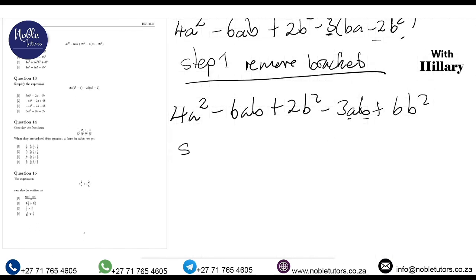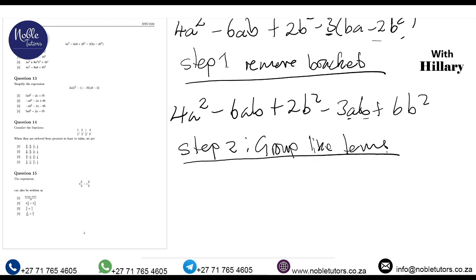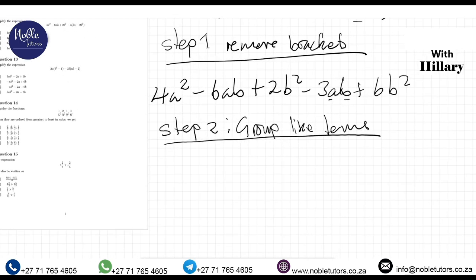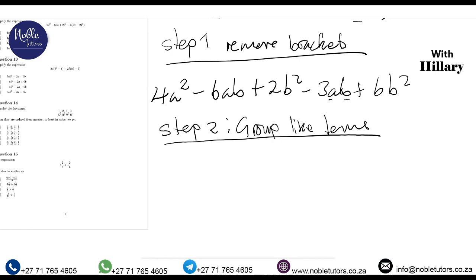Then step 2, you need to group like terms. When you're grouping like terms, you're looking for similar items and group them together. Here we have 4a squared. Do we have any that is similar with 4a squared?